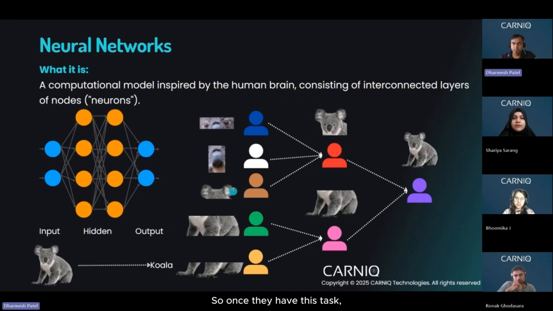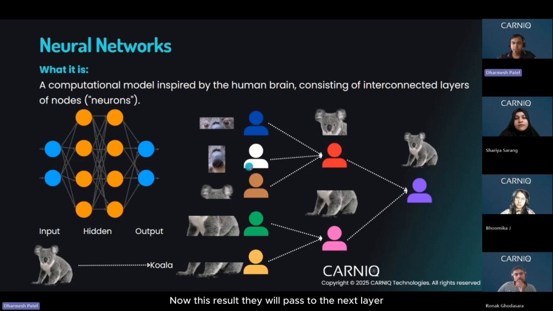Once they have this task, they give an output score between 0 and 1. 0 means it is definitely not koala-like, 0.5 means it might or might not be, 50-50, and 1 means it is definitely koala-like.